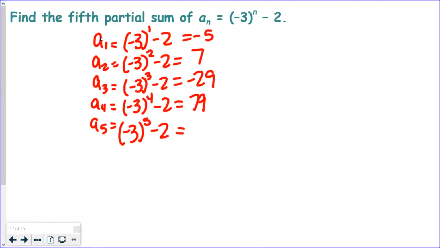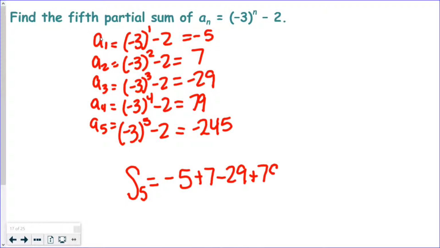Negative 3 to the 5th is negative 243 minus 2 would be negative 245. So S sub 5 will be negative 5 plus 7 minus 29 plus 79 minus 245. And that would be negative 193. And that's my fifth partial sum of this sequence.